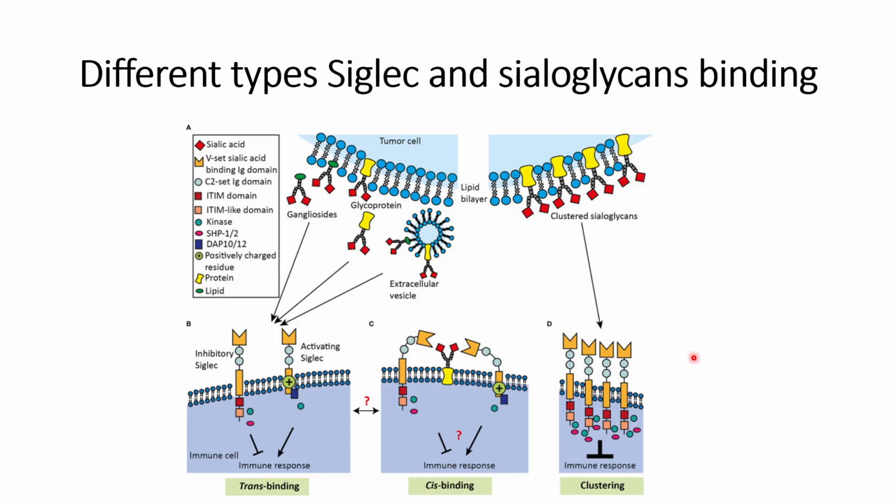So these are three major classifications of Siglec and Sialoglycan binding, and how they might affect the immune response. It might activate if it is an activating Siglec, or inhibit if it is an inhibitory Siglec.